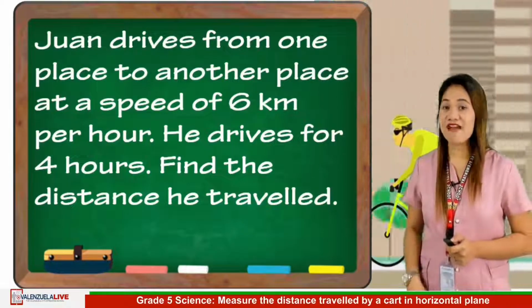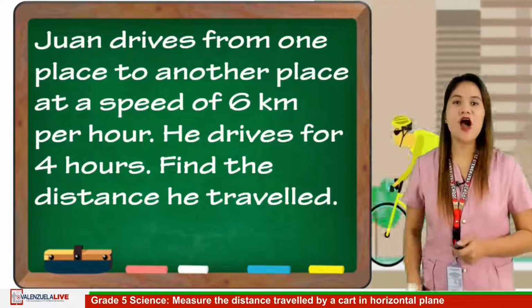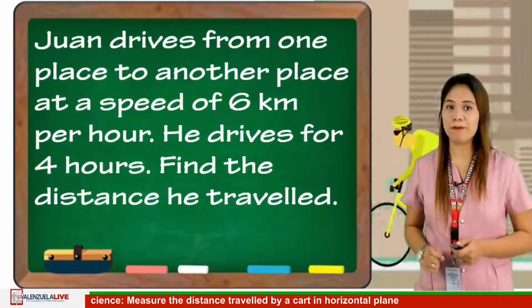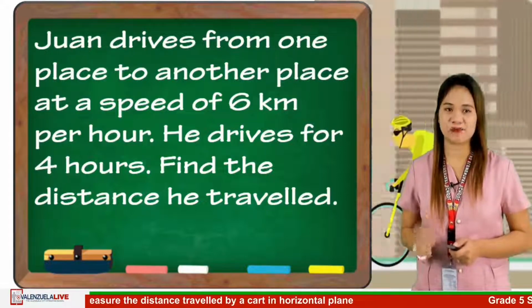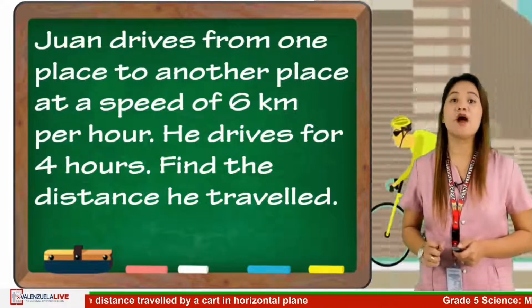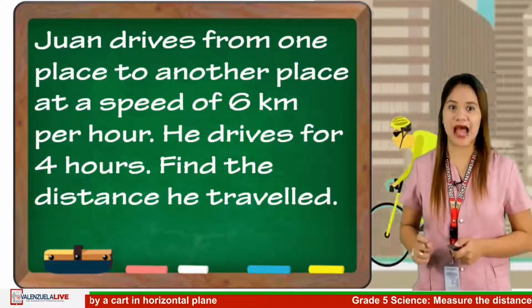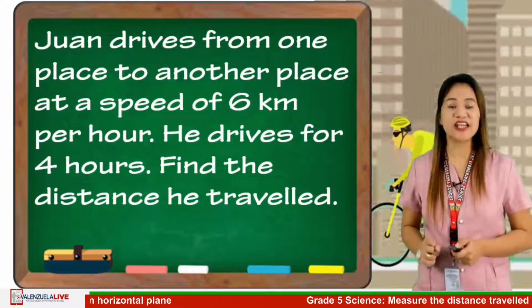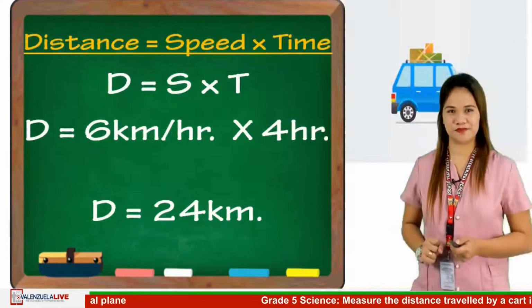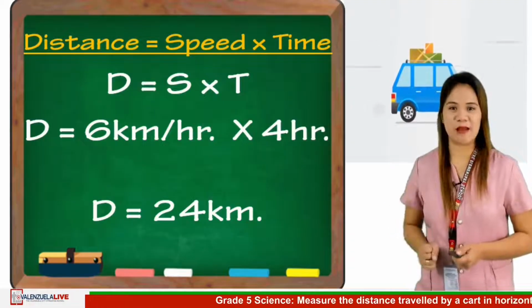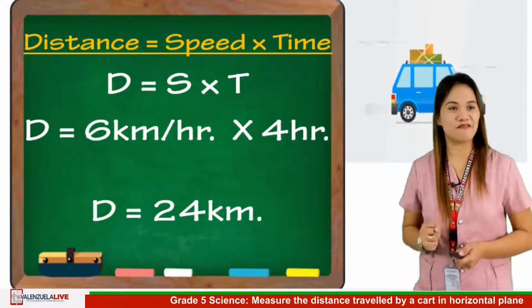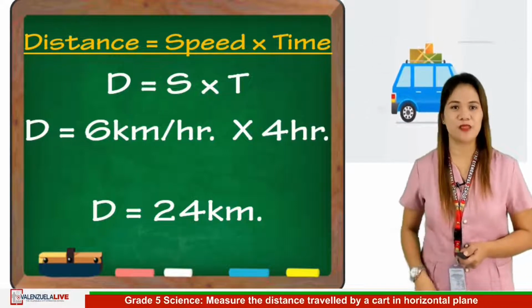Now, let's have an example. One drives from one place to another place at a speed of 6 kilometers per hour. He drives for 4 hours. Now, let's find the distance he traveled. Always remember the formula in finding distance.